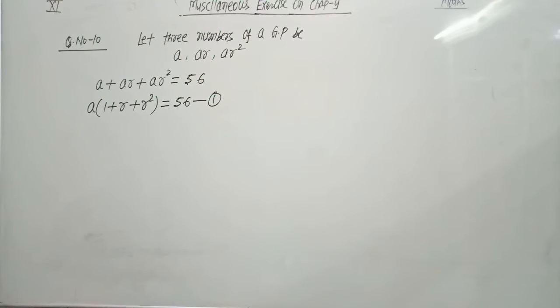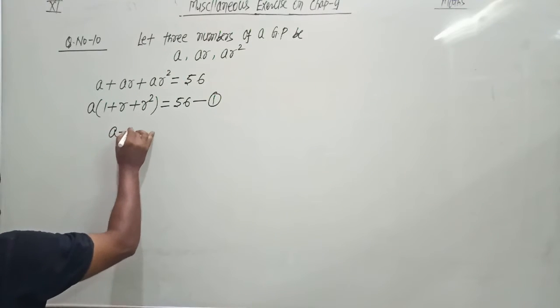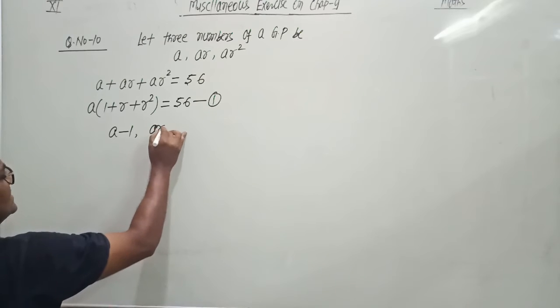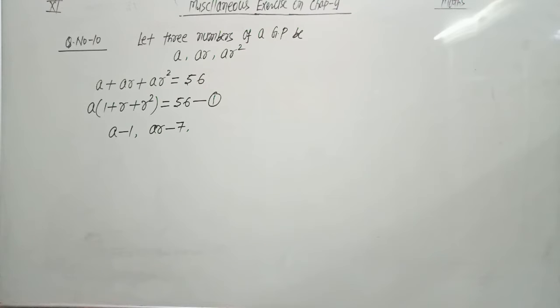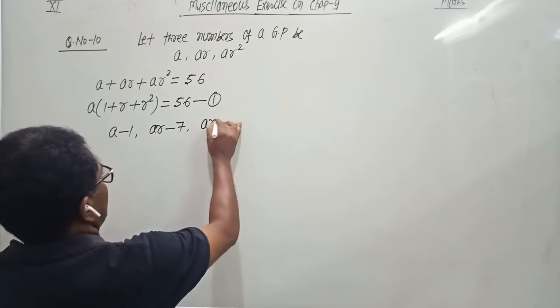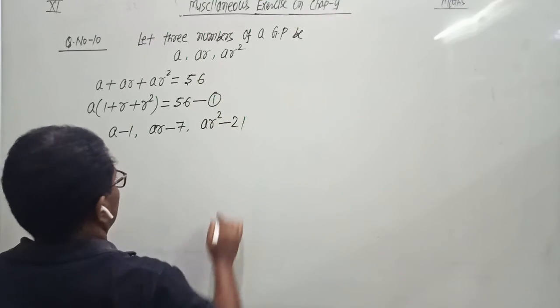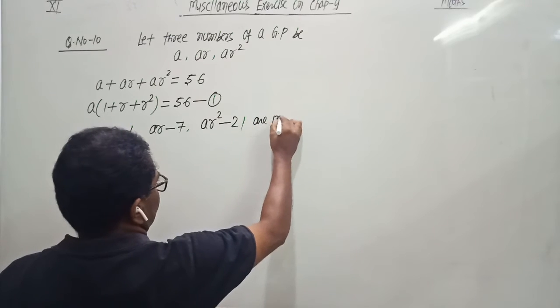If we subtract 1, 7, 21 from these numbers in that order, we obtain an arithmetic progression. If we subtract 1 from the first term, A minus 1, and 7 from the second term, AR minus 7, and 21 from the third term, AR square minus 21, then these three terms are in AP.